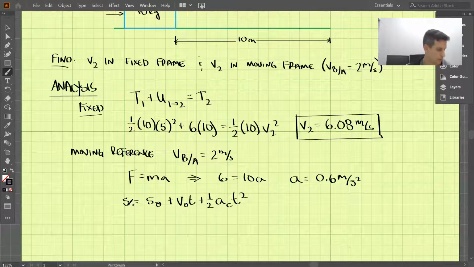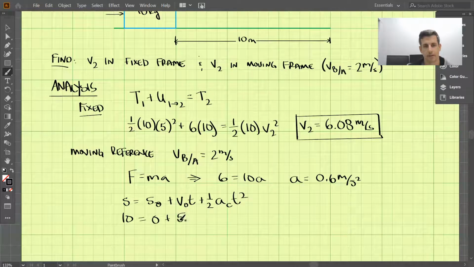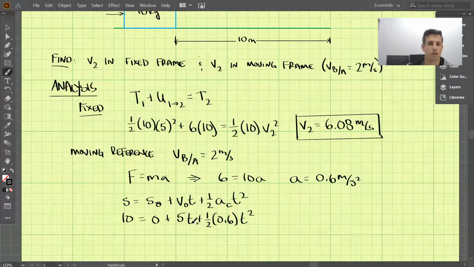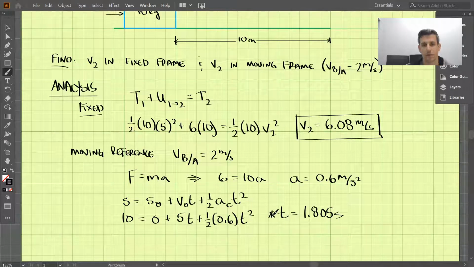Subbing in what we have, we want the time when it goes 10 meters, starting from 0. The initial velocity is 5 meters per second, and the acceleration is 0.6 meters per second squared. Solving this, the time it takes to travel those 10 meters is 1.805 seconds.